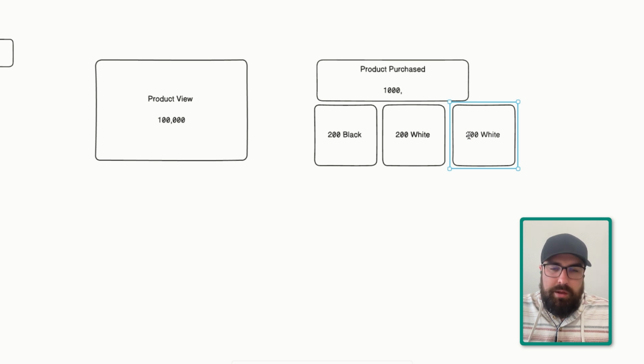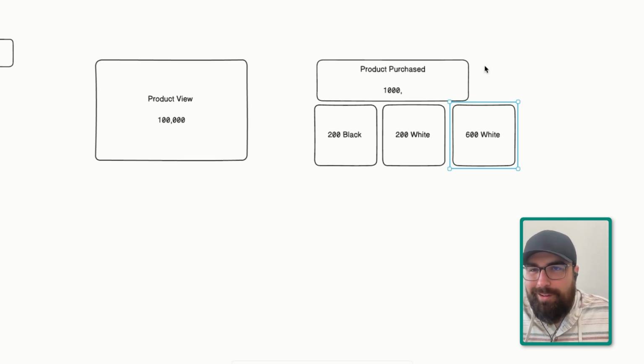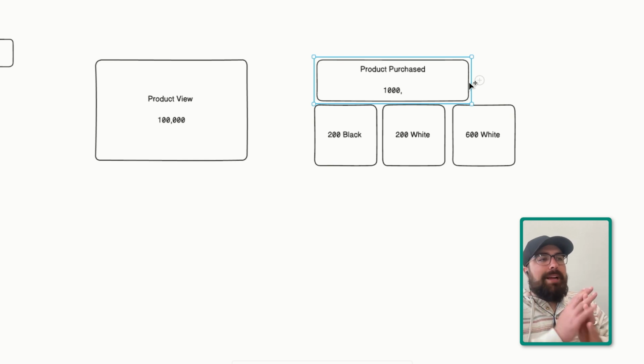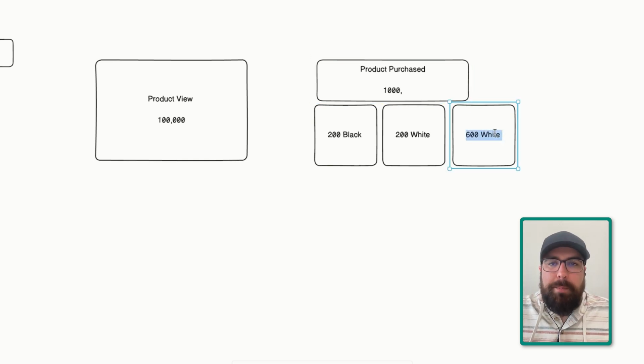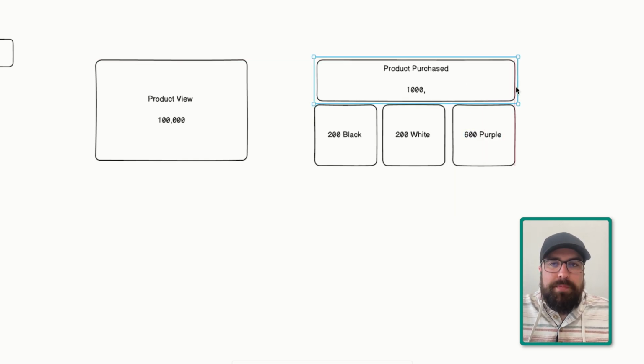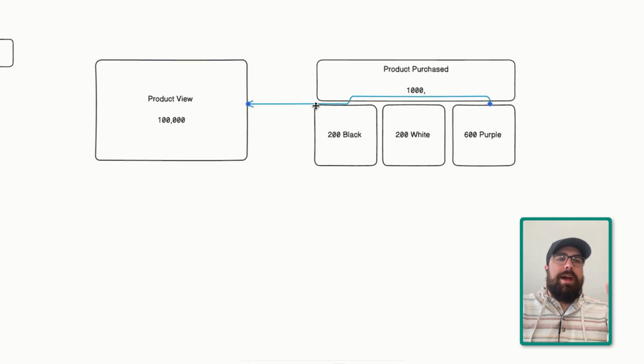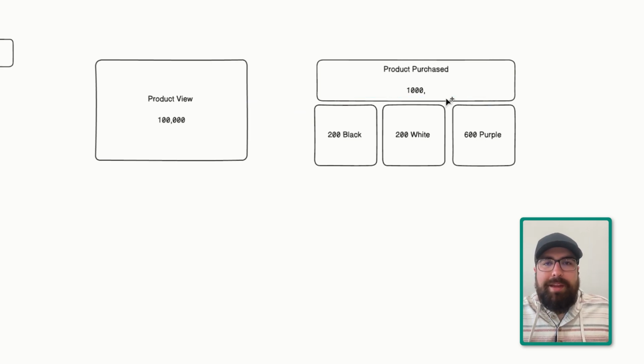Purple was a big seller. Maybe they're a Lakers seller. You never know, right? So we now have 200 black, 200 white, 600 purple. What people can do is look at 600 people, and tie that and say, okay, we have a 0.6% conversion rate for 600. That is not the case, right? We have to look at everything in aggregate.